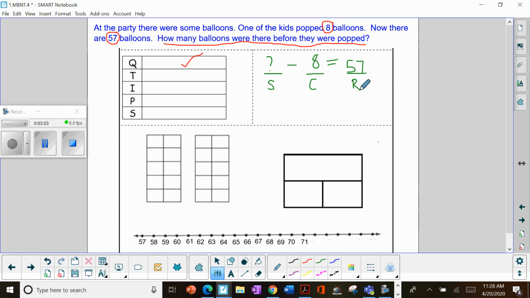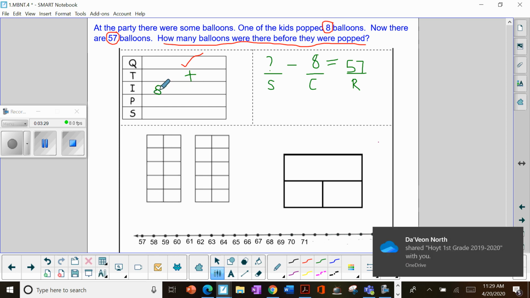Okay. Now it looks like we're going to be subtracting, but actually we had more balloons at the beginning. So to figure out how many balloons I had at the beginning, I've got to add. So our T is going to be a plus sign because we've got to add. The numbers that we know are 8 and 57.